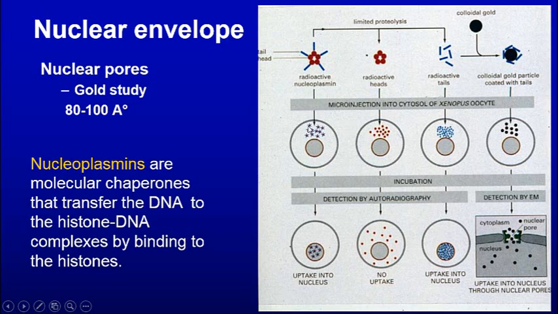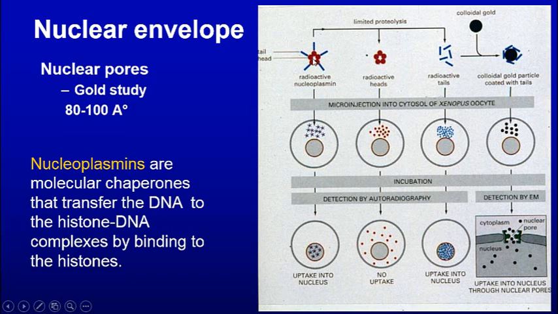It could be the proteins, it could be the deoxyribonucleic acid that's coming through there, and you can see that each of them has a head and a tail part, and it's actually the tail part that's involved.